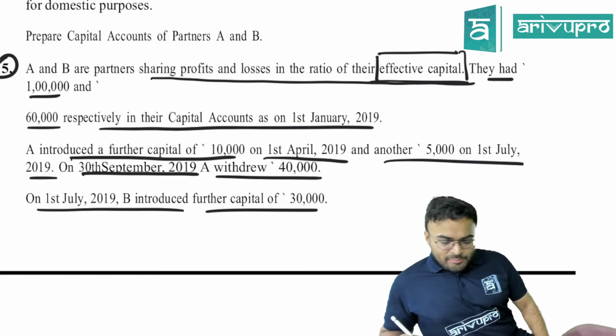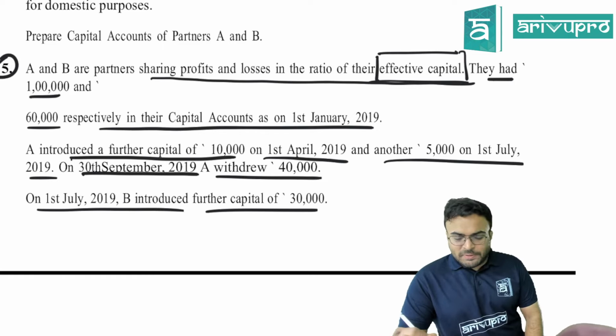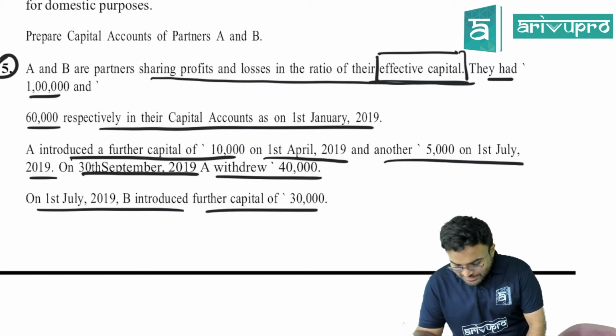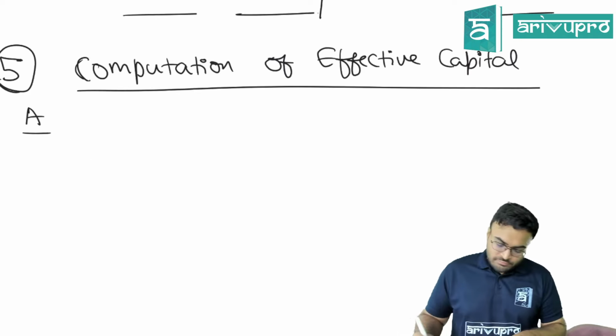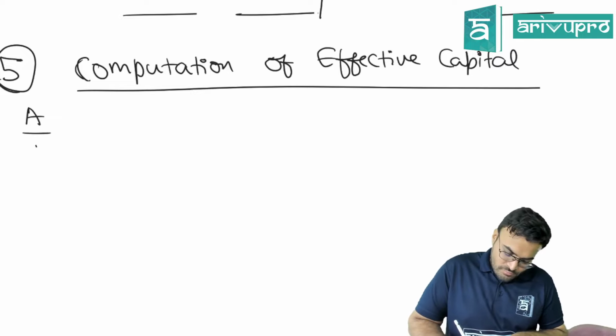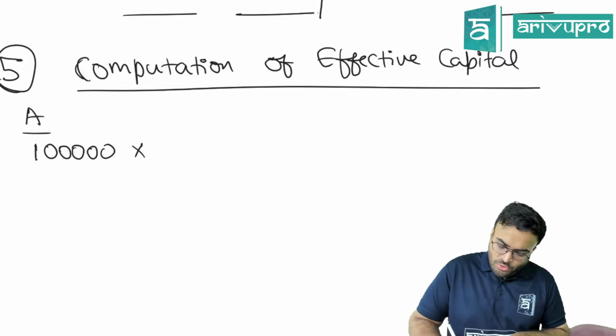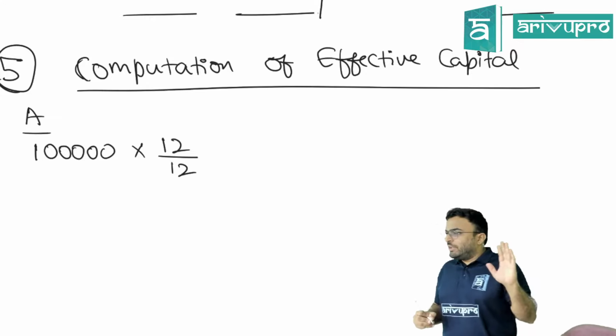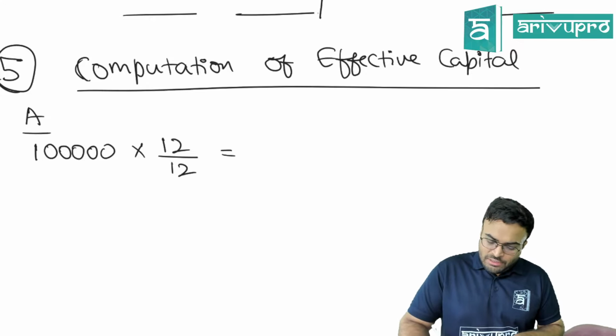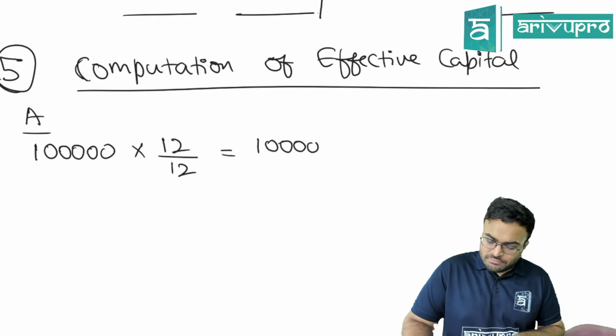A, what is the situation? They had capital of 1,00,000 and 60,000 respectively in their capital account. That means when it started, what was the capital of A? 1 lakh. One lakh into 12 by 12. 12 months, starting of the year to end of the year, the capital is 1 lakh.